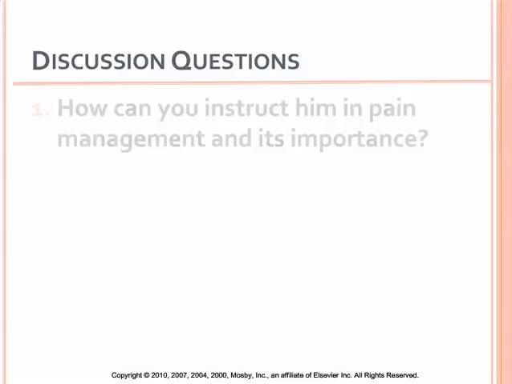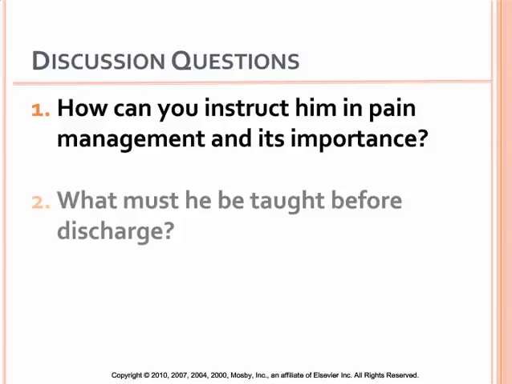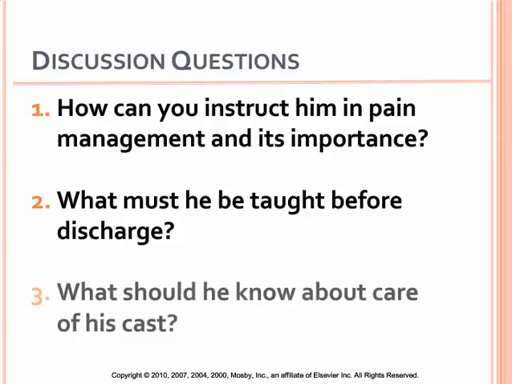So how do you instruct him in pain management and importance? And what must he be taught prior to discharge? And what should he know about the care of his cast?